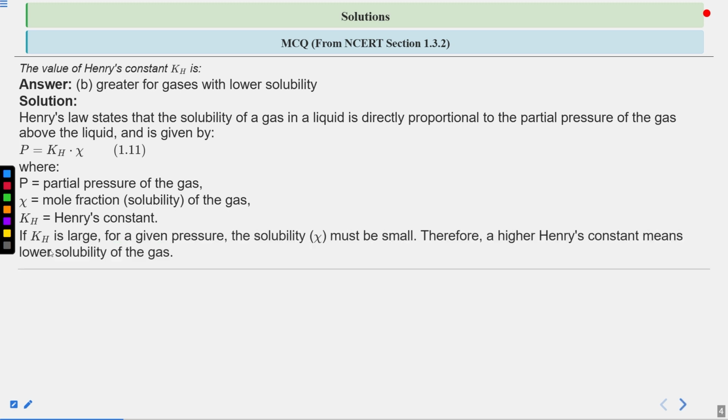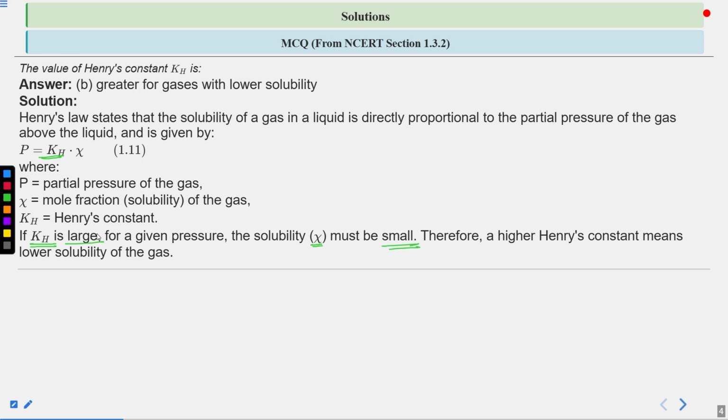You can clearly see that if the KH value, that is Henry's constant value, is larger for a given pressure, the solubility, or chi, must be small. Because in the relation, chi and KH are in multiplication, if you take one term to the other side of the equal sign, they will be inversely proportional to each other. So if one quantity is larger, the other will automatically be smaller.